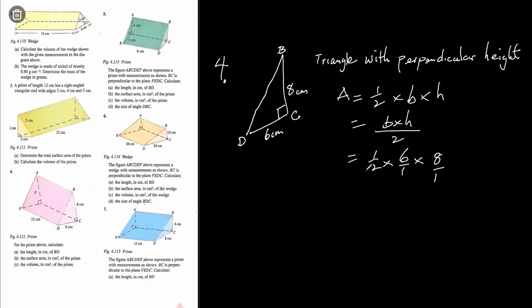So I know my answer. 8 threes, 24. So anybody lost? No, sir. Good. So this is to find the area of the triangle.